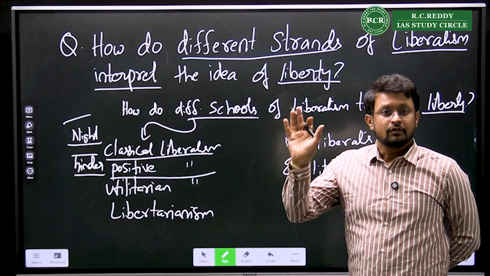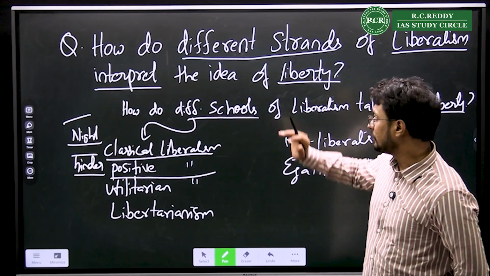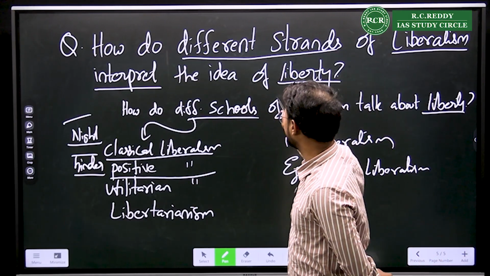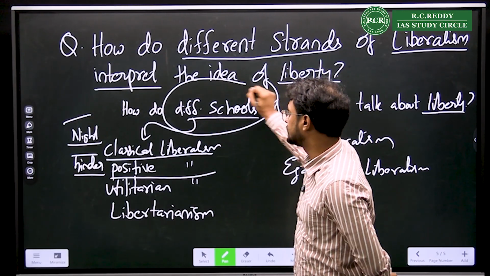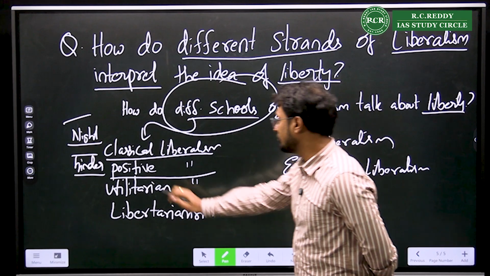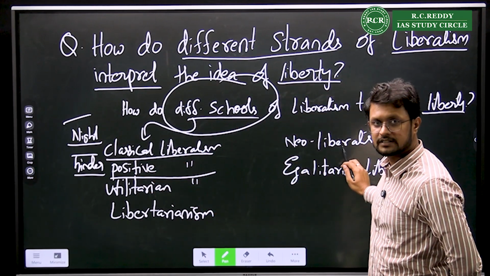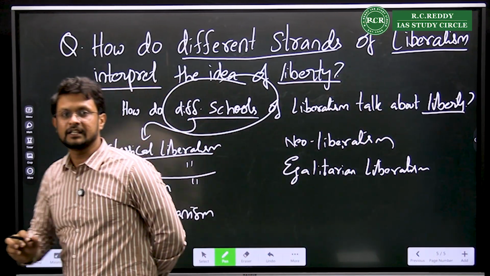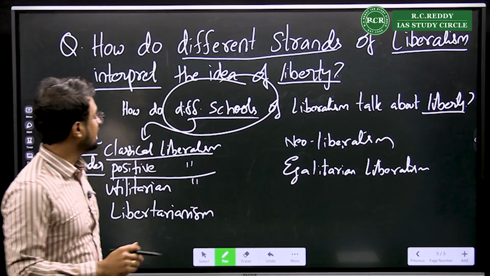That is the framework, and now let us see core by core. So point by point. First we have identified the core, that understood that how do different schools talk about liberty. We have made a mind map of the necessary points, and now we need to value add them and write the answer along with the takeoff and landing, right?